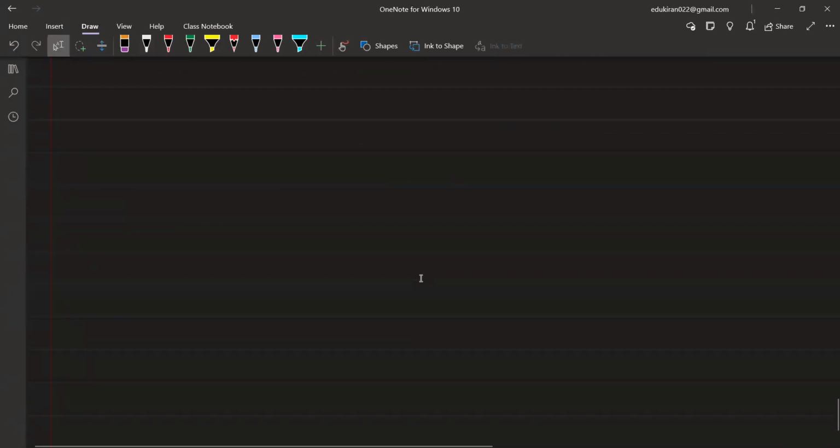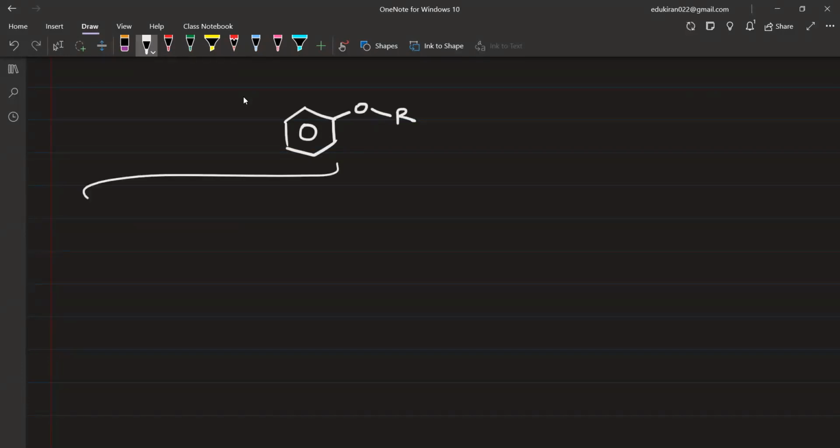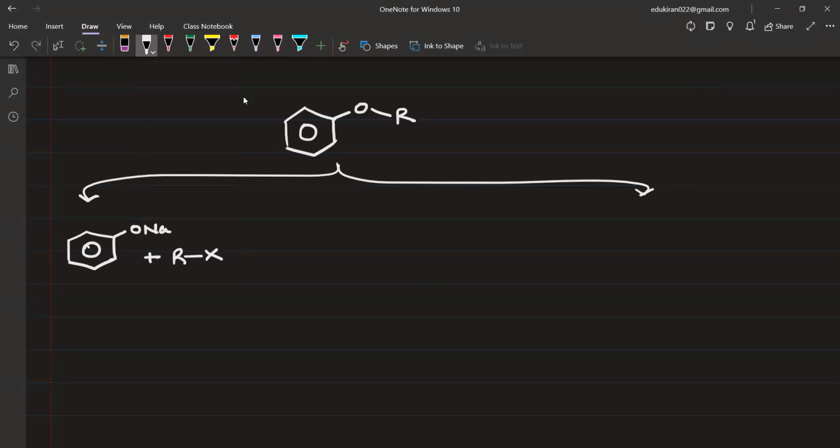Please see next. Let us suppose I have to make an alkoxybenzene. What is the meaning of alkoxybenzene? Please see. A benzene ring with the oxygen atom and then R. Now there are two possibilities of making it. I can either use sodium phenoxide, that means ONa, and any alkyl halide RX.